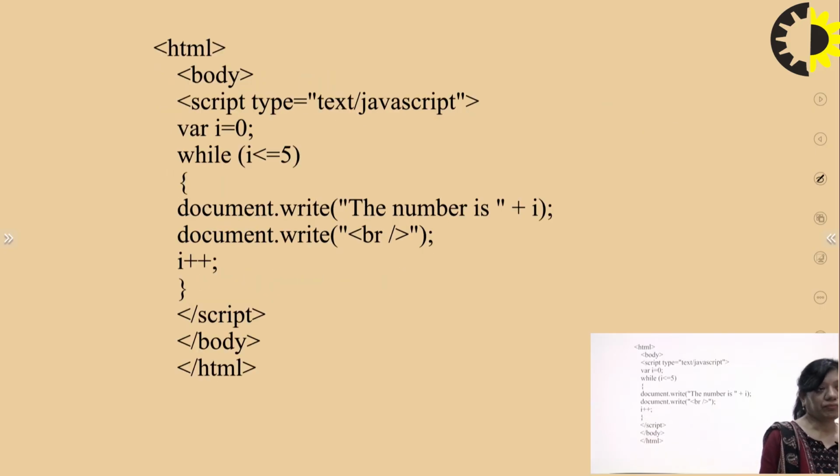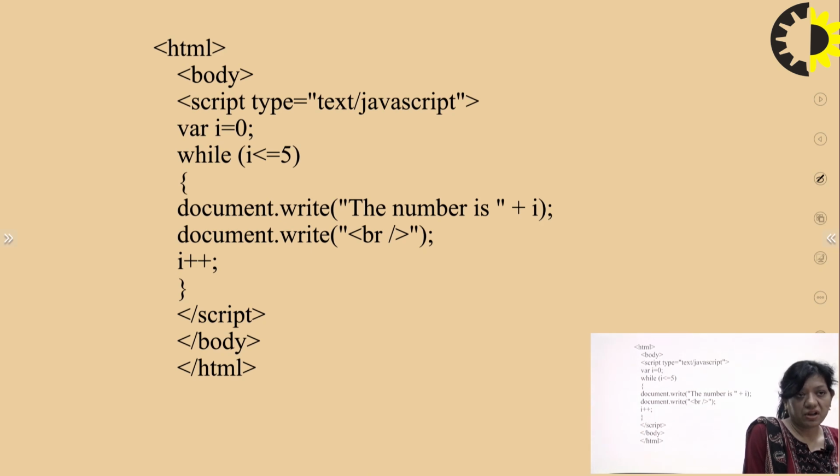Now again, in this example I am going to print the integer numbers which are less than or equal to 5. Here I have mentioned the initial value of i is equal to 0.